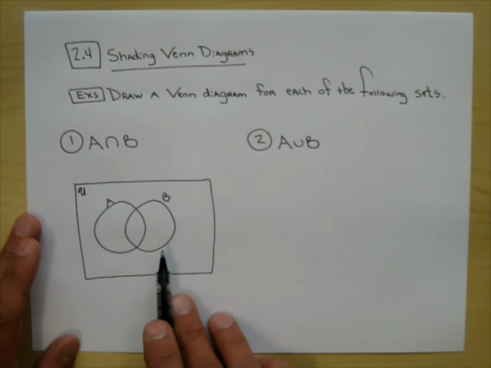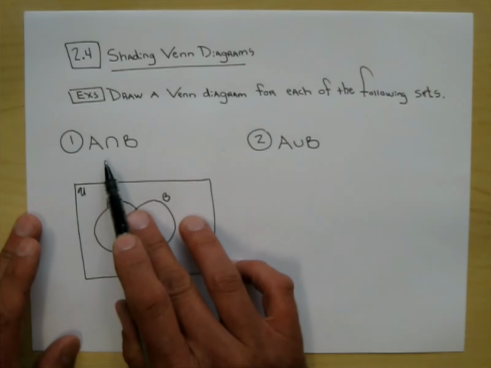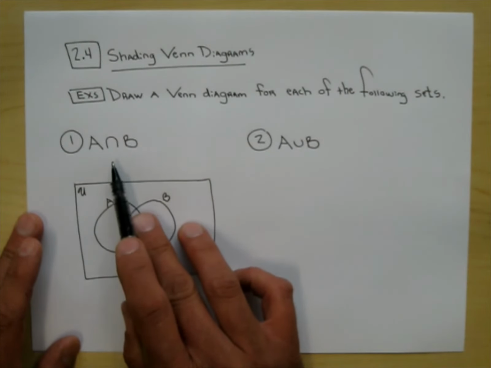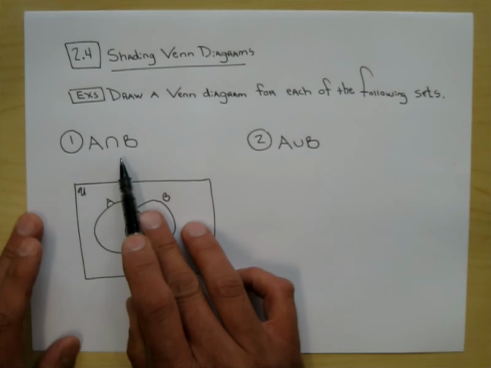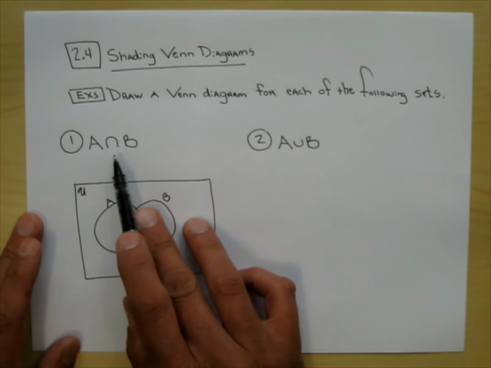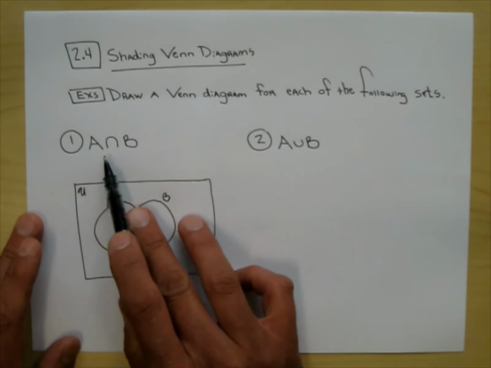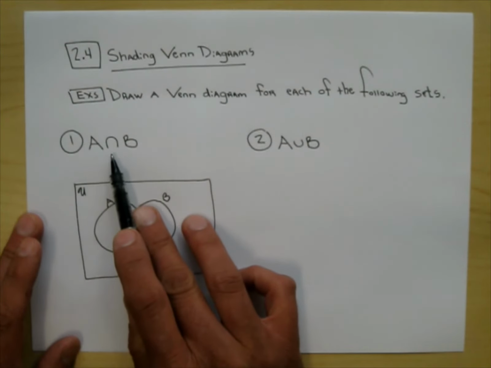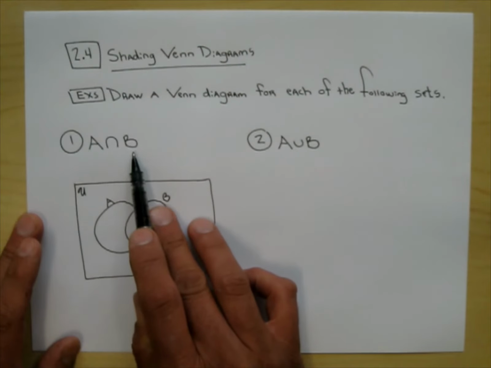So now, we're still not displaying what this is. What we want to do is describe what this means. This means all the elements in A and in B. So all the common places. It means you're in the A circle, and remember, intersection means and, you're in the B circle.